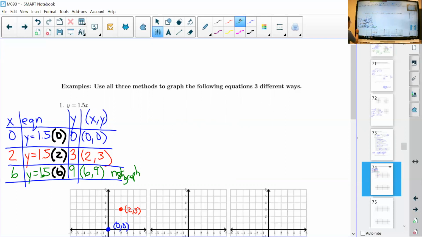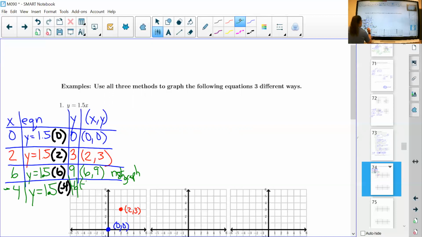Let's try -4. We can use negatives if we want. Okay, -4. So y equals 1.5 times -4. So this is -6.